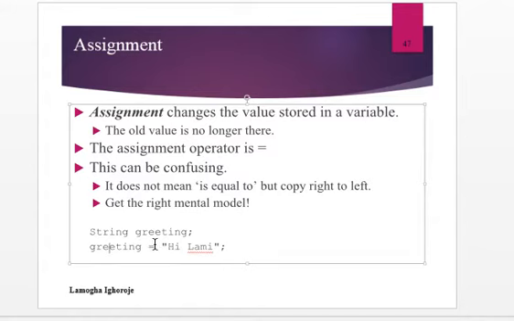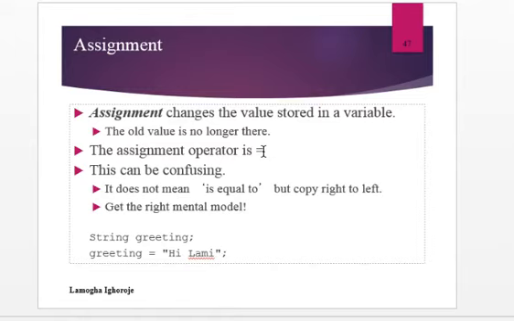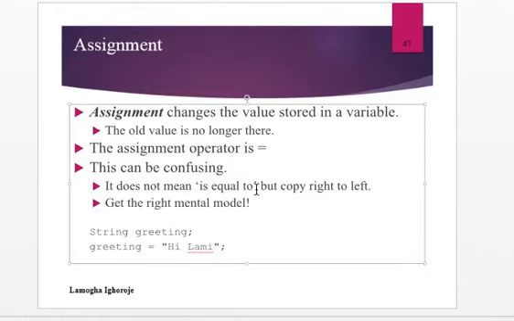Some people call it the assign sign. You're changing whatever the value is in the box. So say I defined a variable called greeting, and it has this string type. So I created this box called greeting, and I said it's going to contain strings.